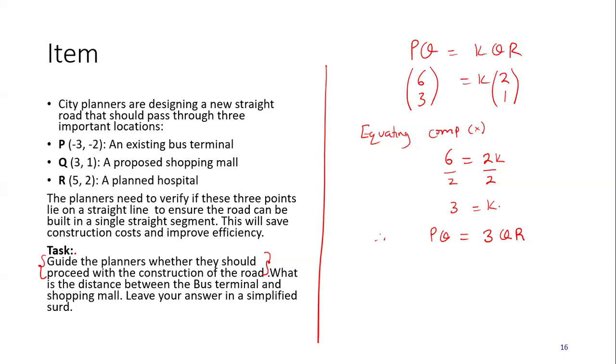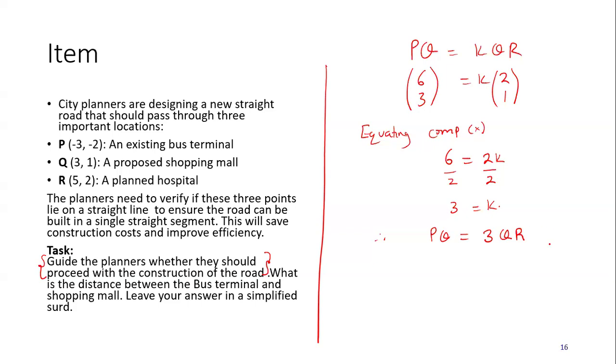So the first thing we shall say is that since PQ is equal to 3QR, therefore vectors PQ and QR are parallel and they have a common point Q, therefore they lie along a straight line.